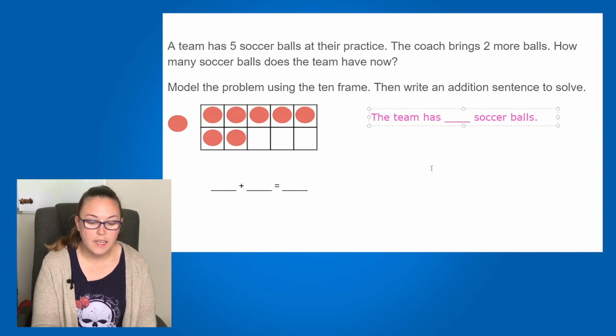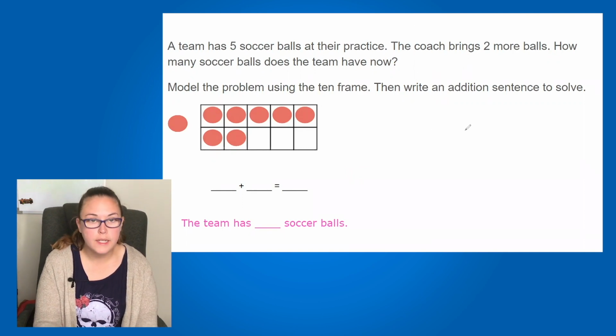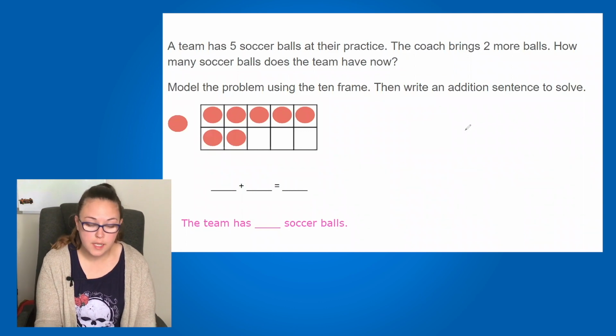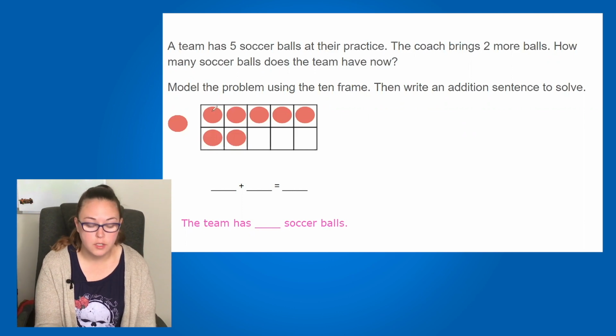Okay. Now we have to write a number sentence that solves our 10 frame and the model. So what do we do first? Well, we look at the first row and we say, how many counters are in the first row of the table? Well, we know that a full row on a 10 frame means that there are 5 counters. We're going to go ahead and count them individually to make sure. 1, 2, 3, 4, and 5.